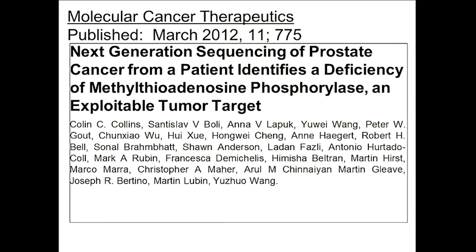One of the 50 patients they sequenced turned out to have a methylthioadenosine phosphorylase deficiency. And they contacted Martin Lubin and myself because they saw our paper with the MTA protection of 6-thioguanine toxicity.